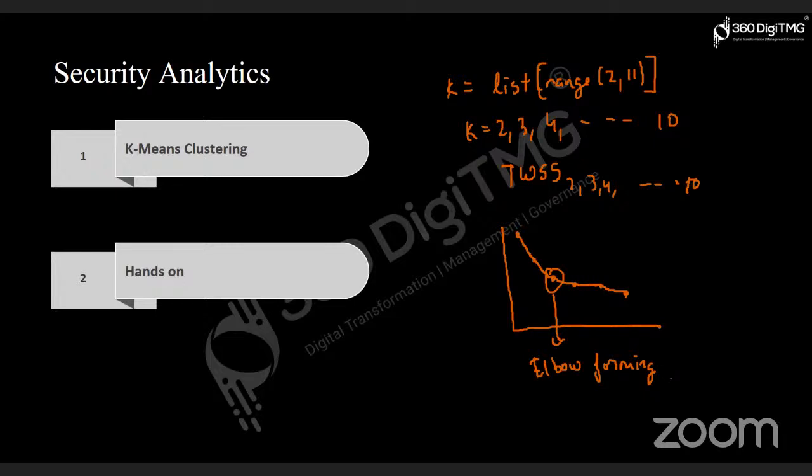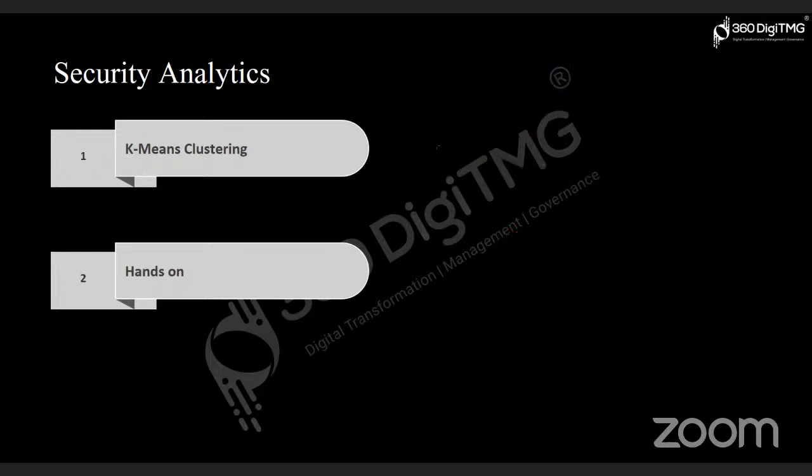So similar to this, we can also calculate something we call as the silhouette score. Silhouette score is also useful in determining the ideal number of clusters. So this is ranging between -1 to 1. Okay. So how is this useful?